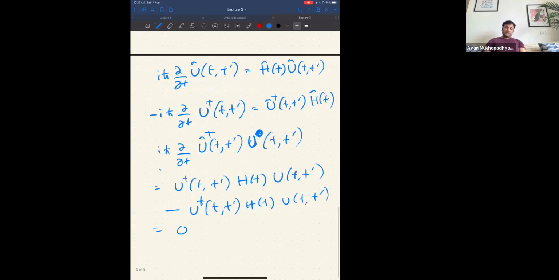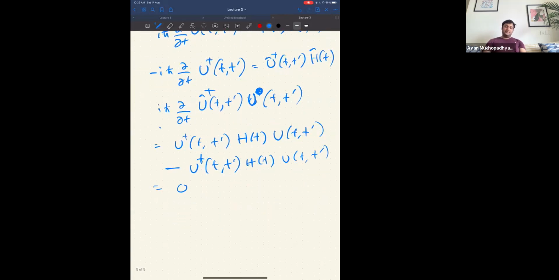So it shows you that U†(t,t') U(t,t') is independent of t, right? So this is t independent, but we also know that U(t',t') is equal to identity, and U†(t',t') also should be identity. So it implies that U(t',t') times U†(t',t') has to be equal to identity as well.